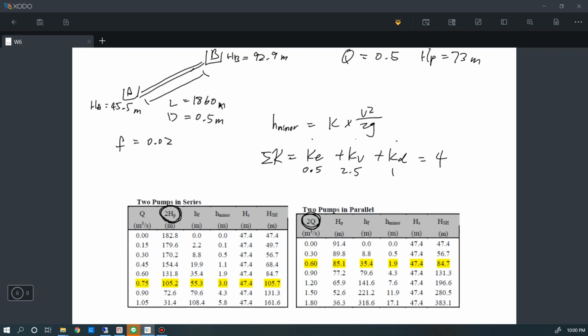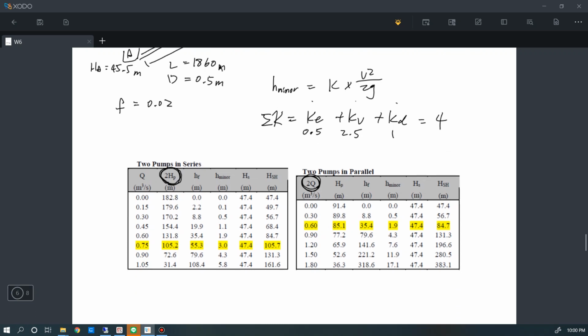Okay, so the total head loss. So this is for this number, and the friction head loss is the same equation that we used in the previous problem, which is this one.